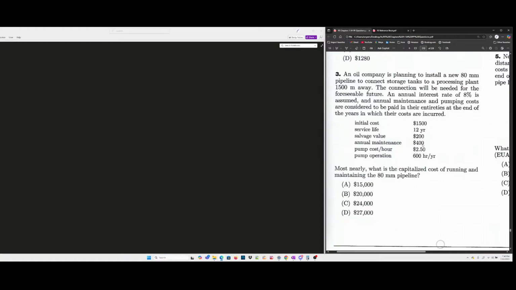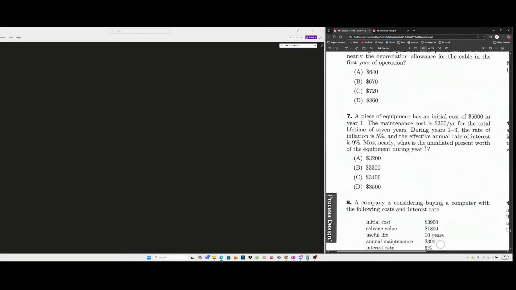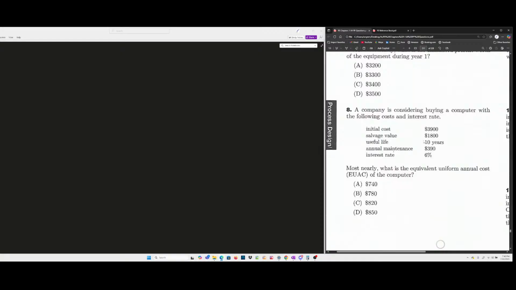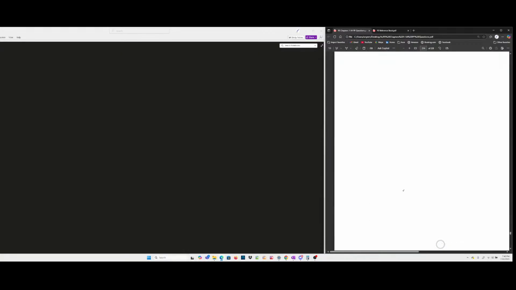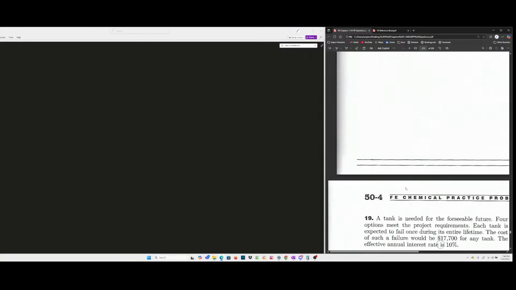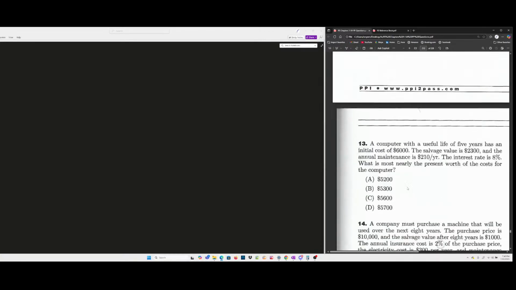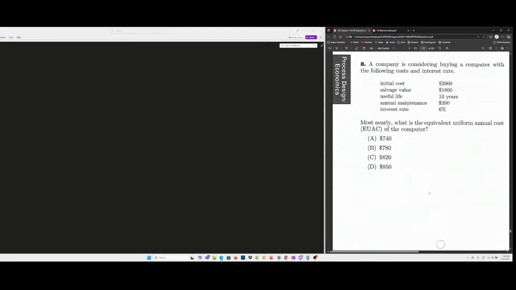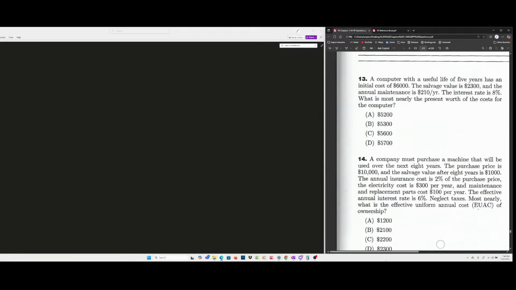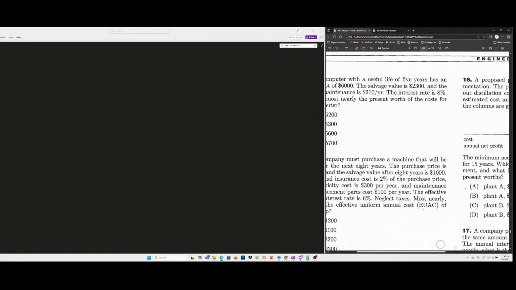We had to find the cost of the pump. We added the annual maintenance plus the cost of the pump, because we're looking for the capitalized cost for running and maintaining. We'll just use that formula. So sometimes this can be tricky. I was just trying to refresh my brain.